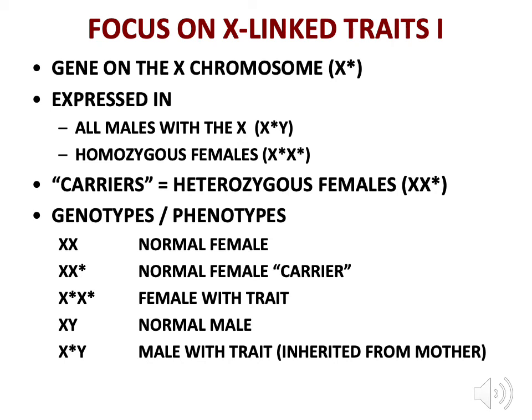She could be a female that is homozygous for the trait, found on both of her X's, in which case she is going to express the trait. We've got normal males who have an X without the trait and therefore are going to be phenotypically normal, or we can have males with the trait. They have an X asterisk, and we know that has been inherited from his mom.